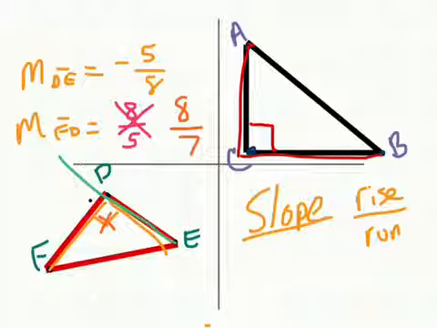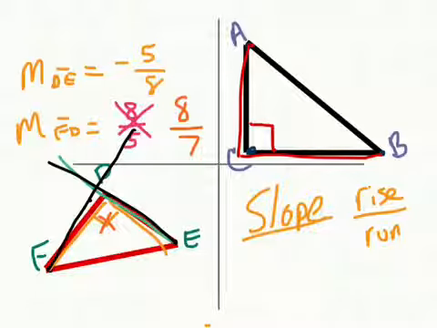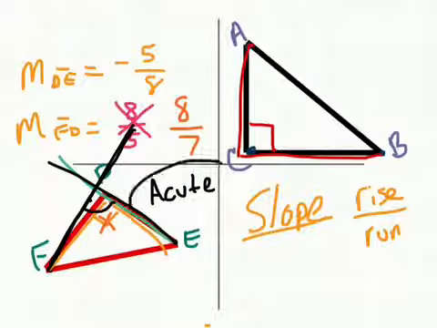So we'll draw a line going through there, and then we can actually see that if this line stays the same, and then this one comes out to make it a slope of 8/5 instead of 8/7, then that angle actually gets bigger. So if the angle has to get bigger to be a right angle, then we know that this angle is smaller, and this is an acute triangle.